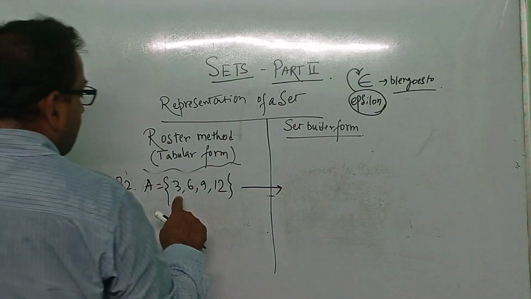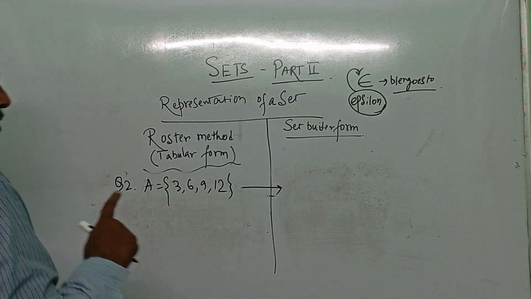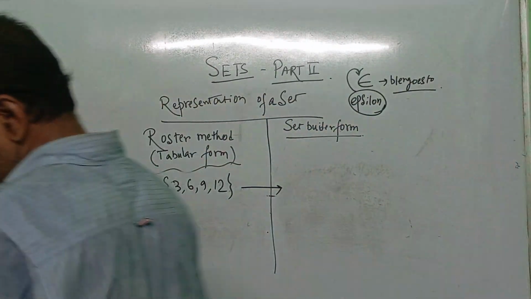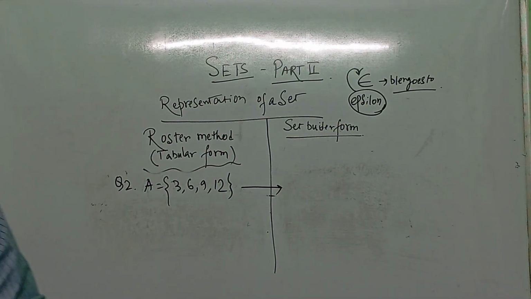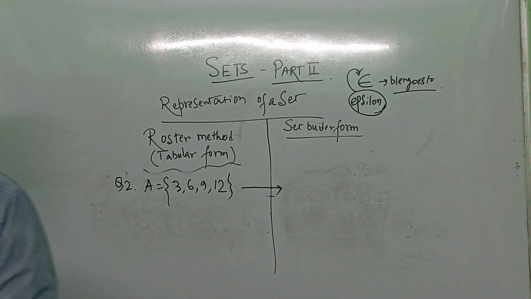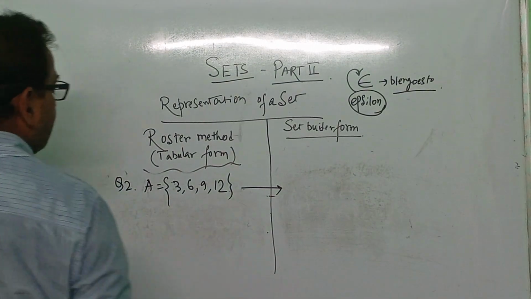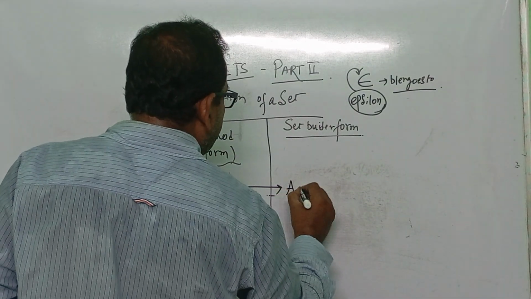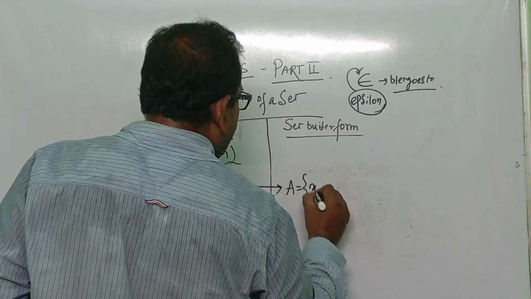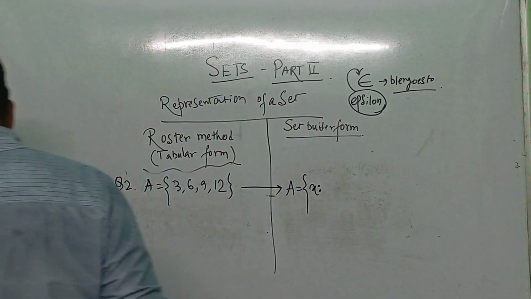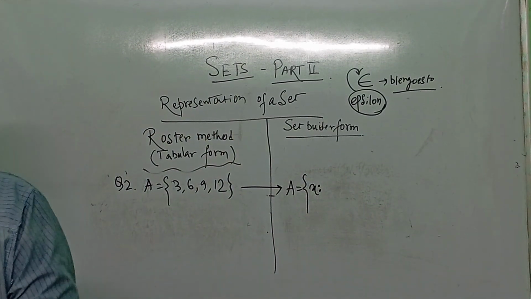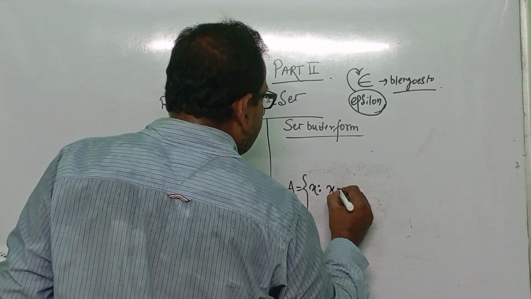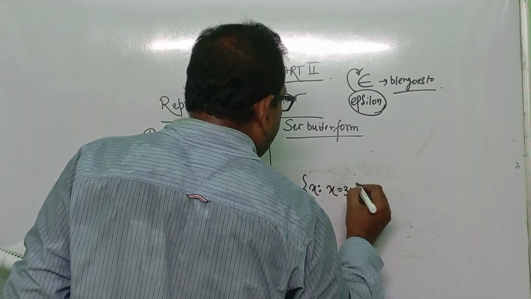Now see that it does not start from 0, so all of these numbers belong to the natural numbers. And what kind of x is there? x is an element of A, so we write x is equal to 3n.